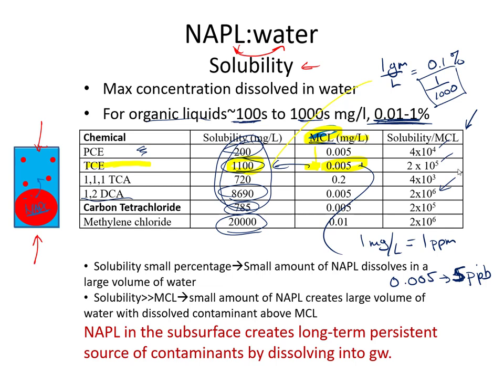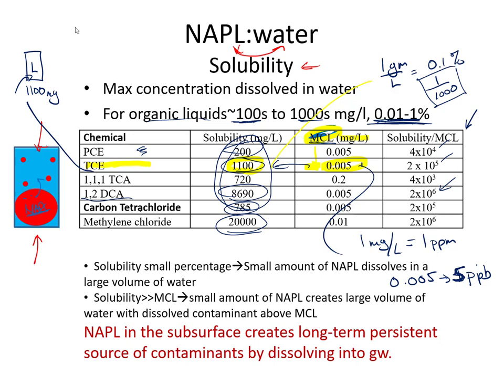I guess a way to think about this is that if we start with a liter of water, and if it's TCE, then we can put 1,100 milligrams in that liter, and that will reach the solubility limit.